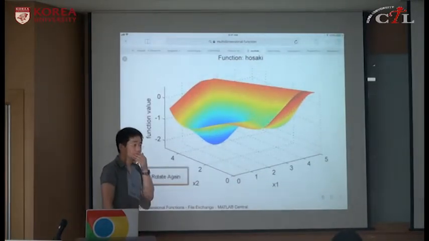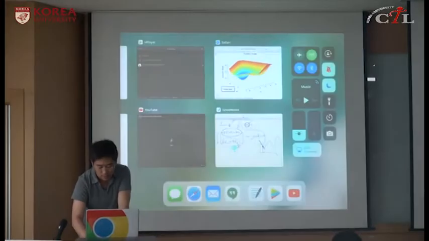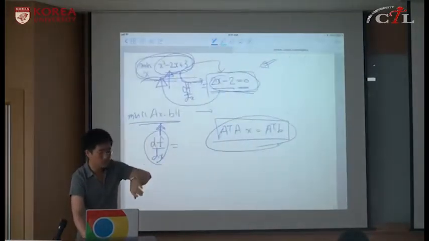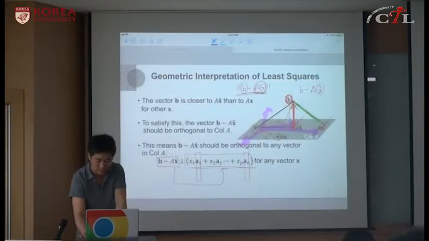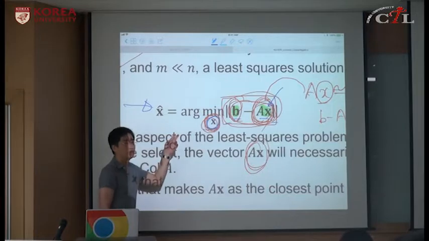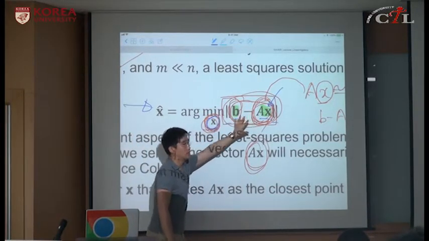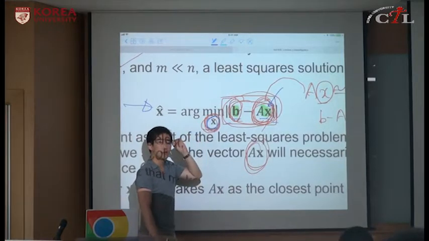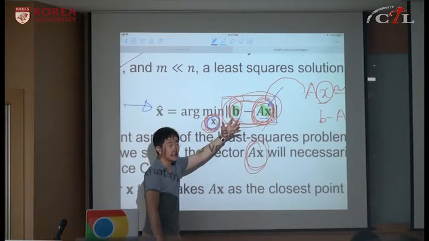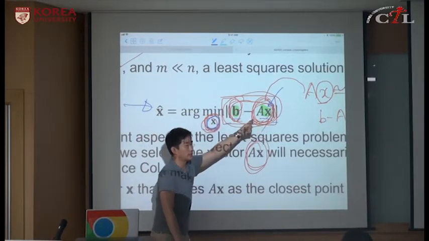Okay, so if we think of our least squares problem like this, this is basically a function. The entire value of this is just a scalar. So this part is a scalar, but what is the input? The input is the vector x.